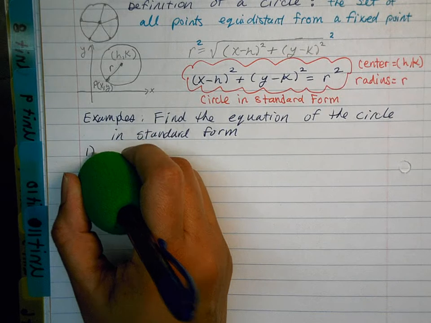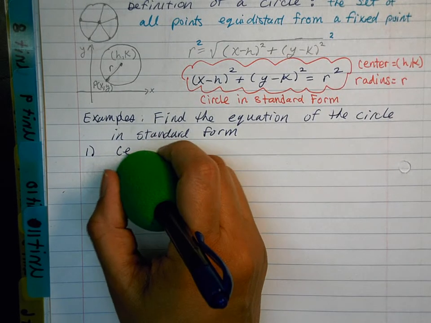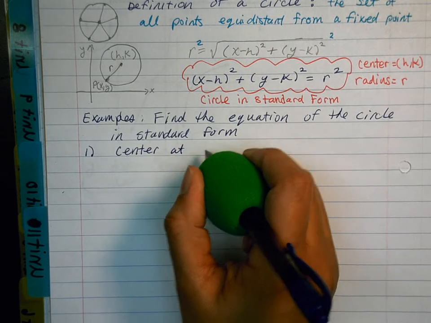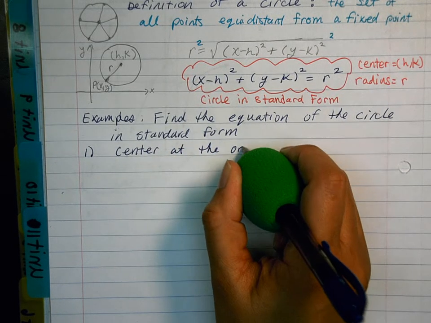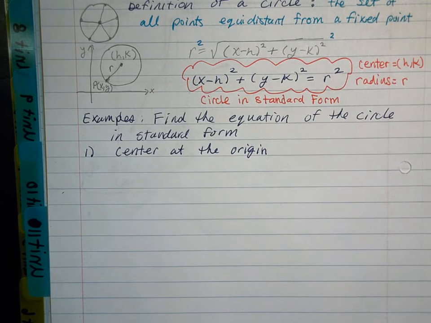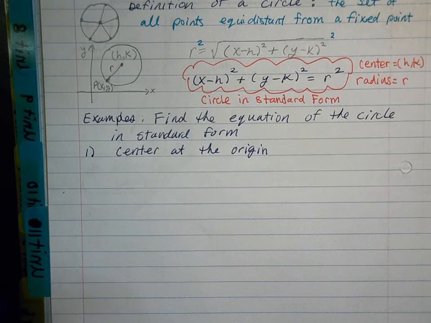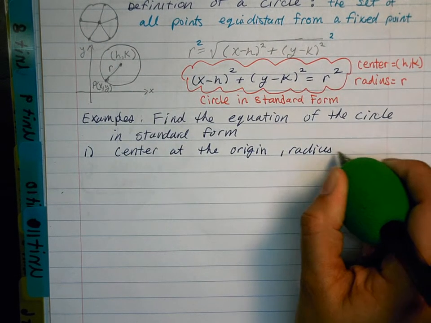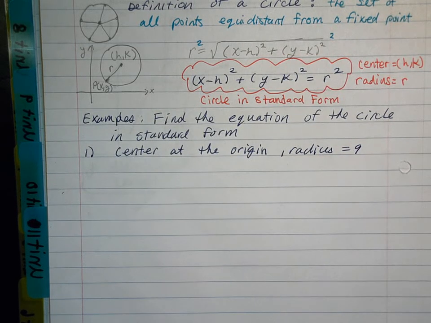Number 1. The center is at the origin. What's the ordered pair at the origin? (0, 0). And the radius is 9.